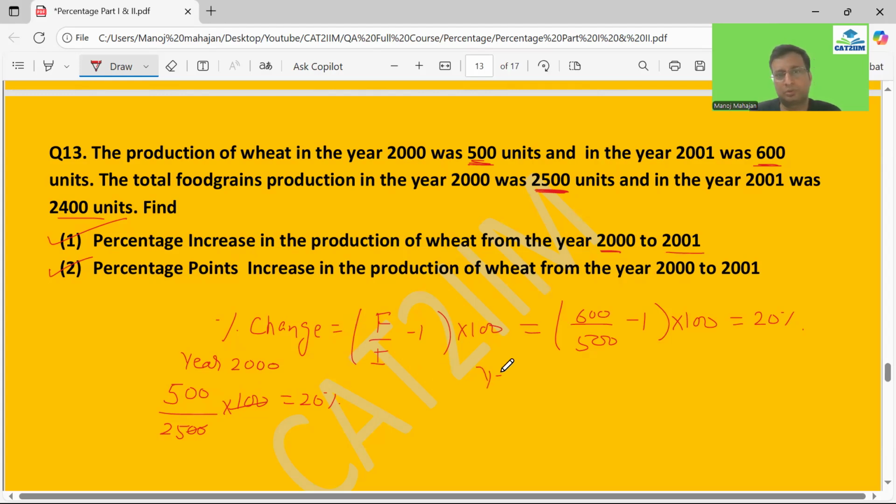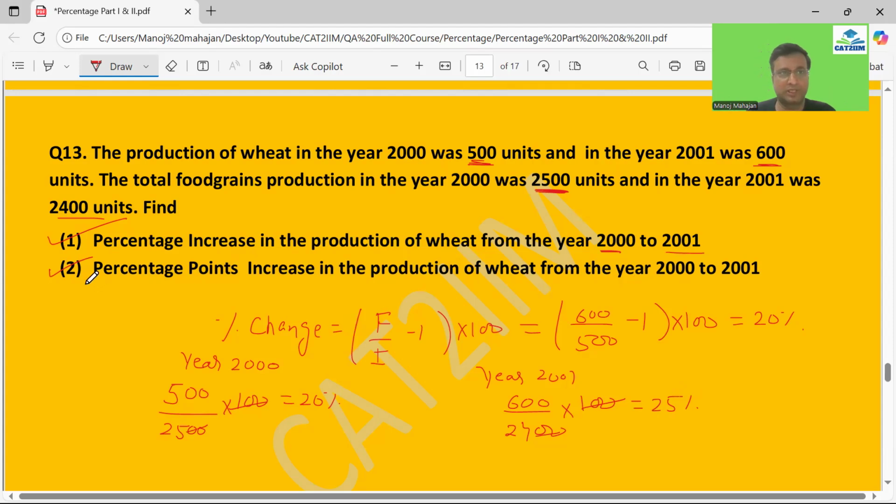Now, when you come to the year 2001, what do we get as the percentage figure out here? 600 upon what? 2400, into 100. If I calculate this, it comes out to be nothing but 25%. I told you percentage points is the difference of two percentage figures.